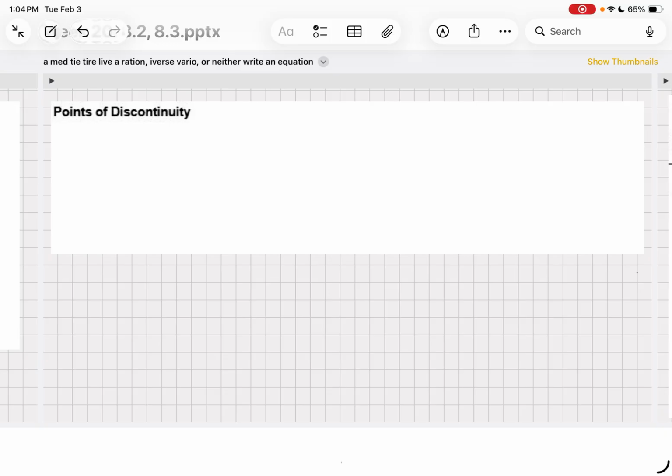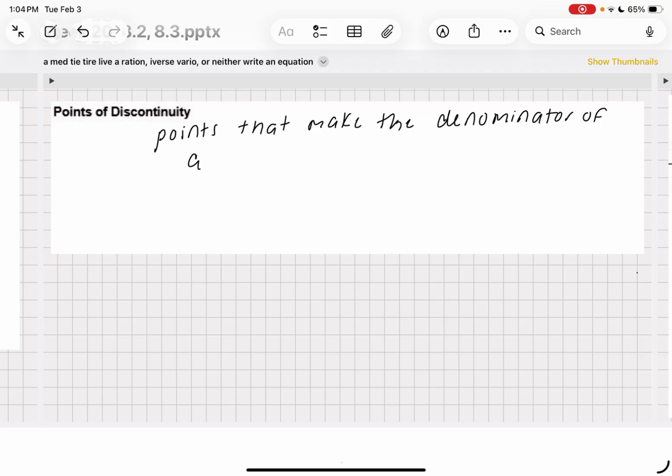So these are points that make the denominator of a function equal 0.